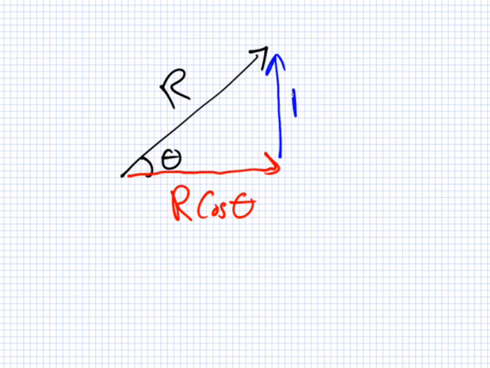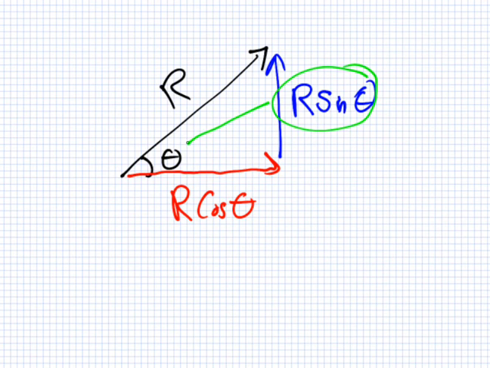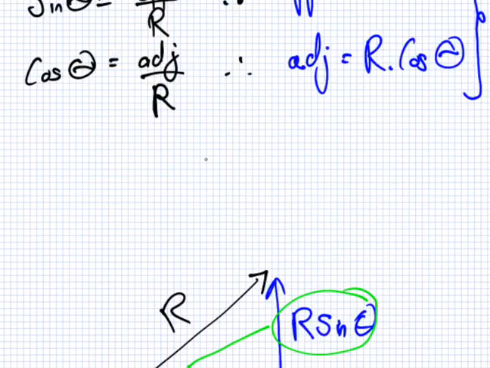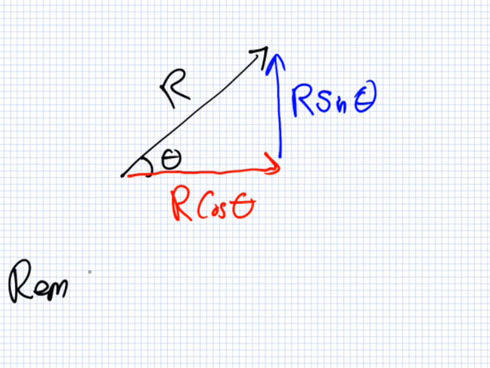Back here. So this is vector r, and its magnitude is r, and its angle is theta. What I'll do is draw in the triangle, and this side is the opposite and this side is the adjacent. You know that sine theta equals the opposite over the hypotenuse.